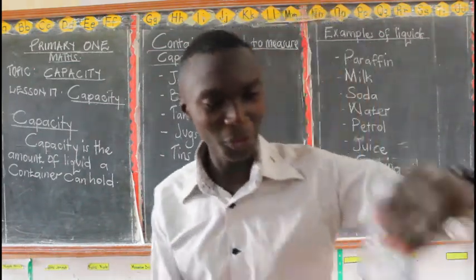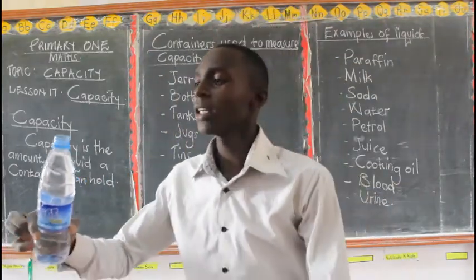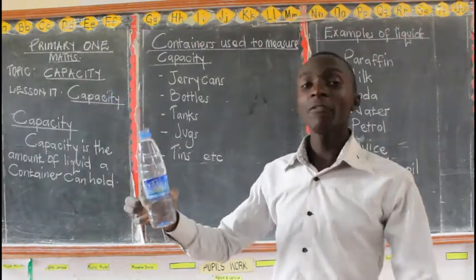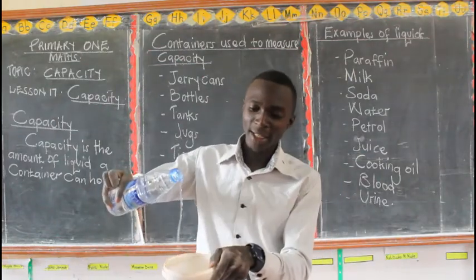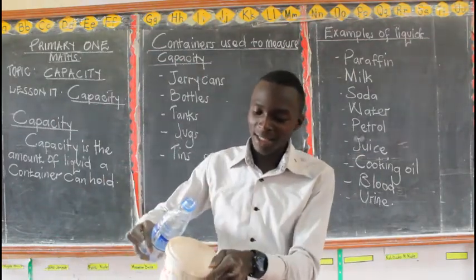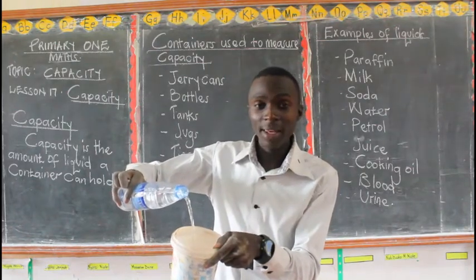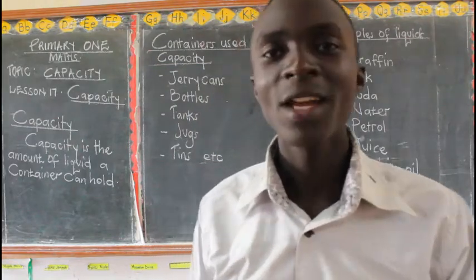I can show you. This is my water. So these are what we call capacity: the amount of liquid, and things that can be used to measure liquid. These tin measures can be used to measure the capacity.